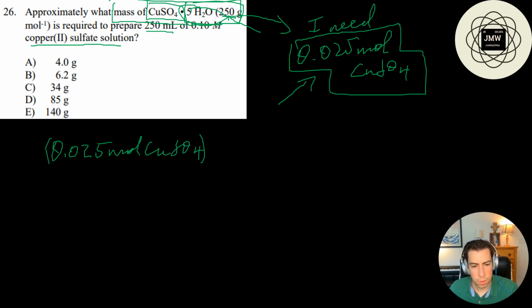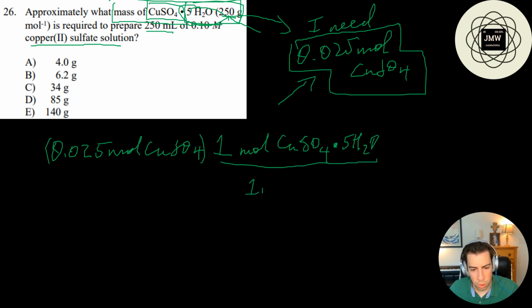And I know that for 1 mole of this guy, so copper sulfate hydrated with 5 water molecules, there is 1 mole of copper sulfate in it, right? Because it's still in it.